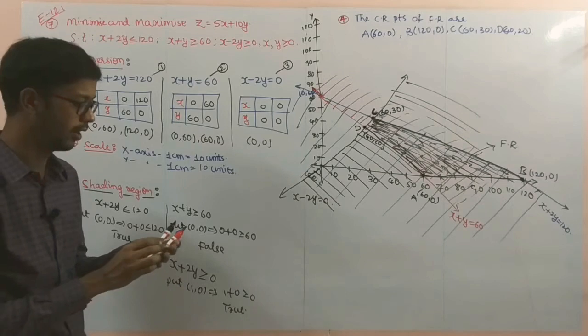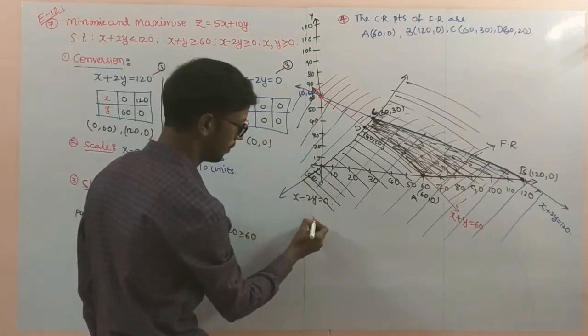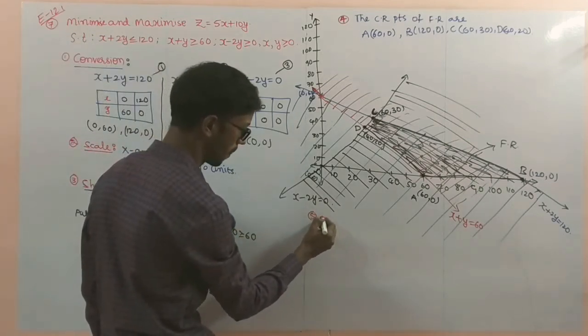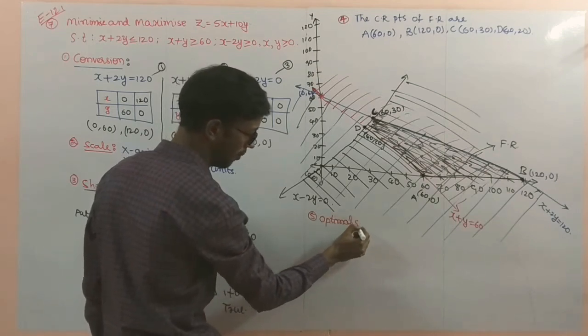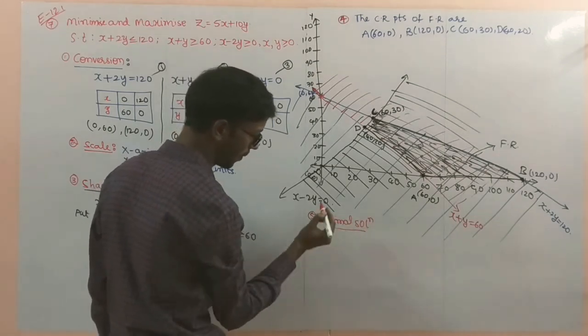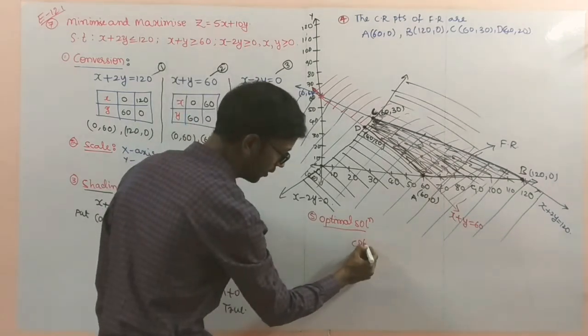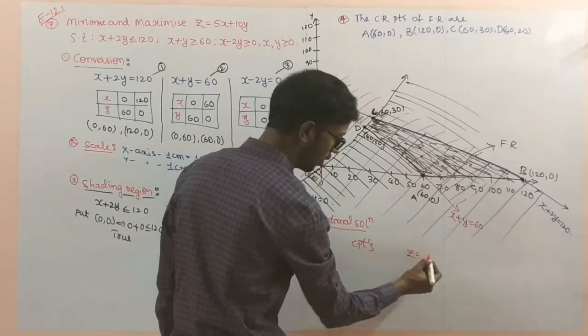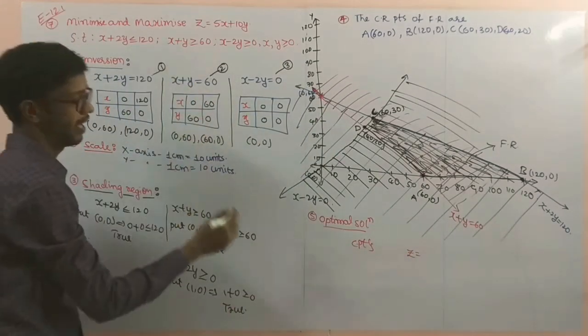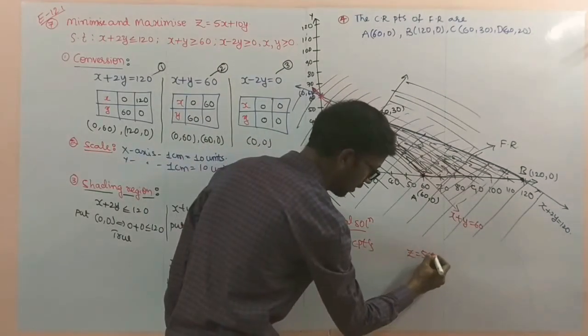Next, fifth point, optimal solution. Corner points and Z equal to, what is the Z value here? Z value is 5x plus 10y.